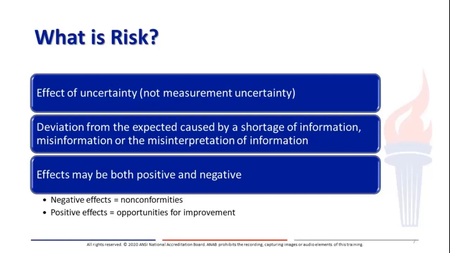And with the risk, we have positive and negative effects. One negative effect could be nonconformities. The positive effect of analyzing risk can be opportunities for improvement. Neither of them are bad situations, but there are repercussions of situations, whether they're good or bad, that we have to learn from.